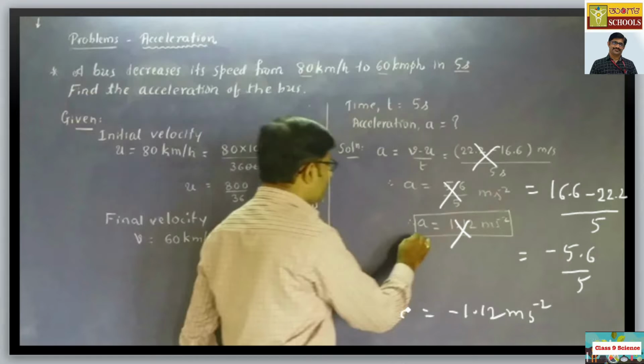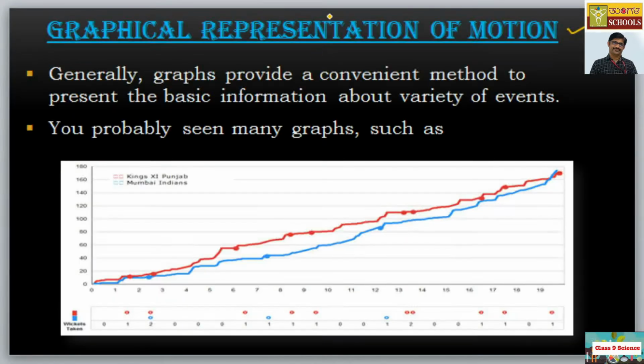That will be the acceleration of the bus. Since the bus decreases its speed from 80 to 60 km per hour, therefore acceleration will be negative. So this is the correction I am making. Hope you are satisfied with that.